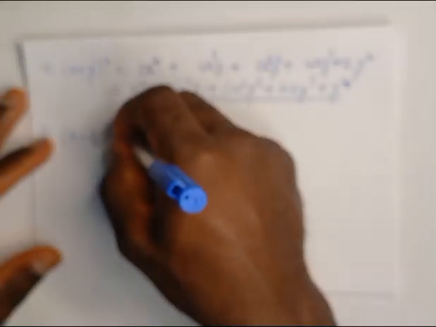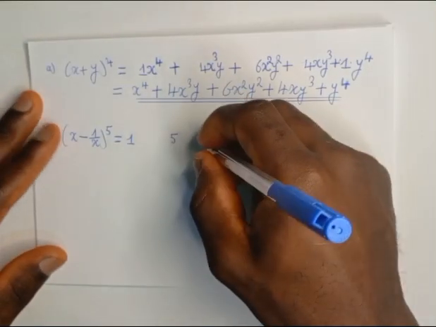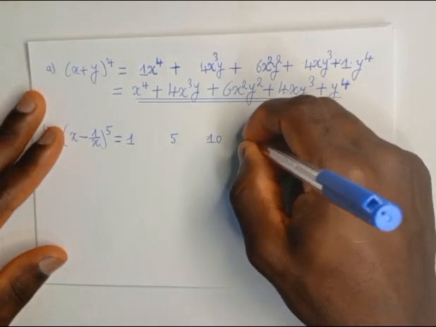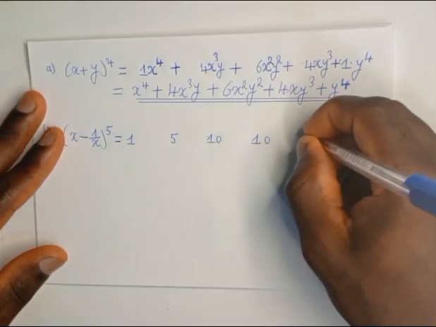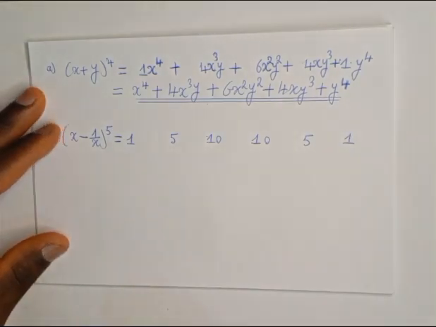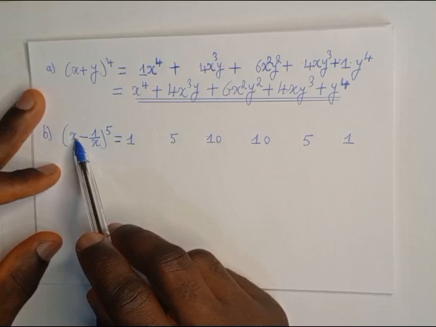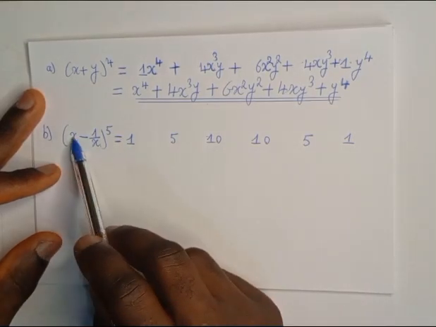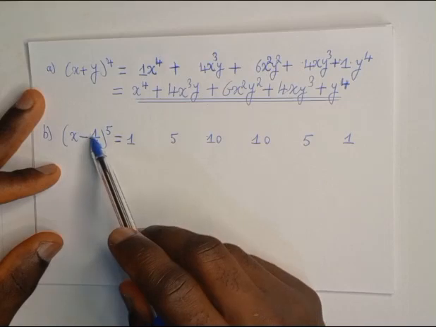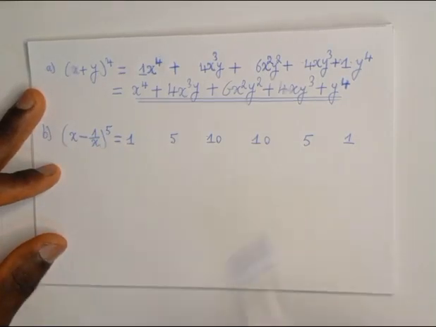Write down the coefficients. 1, 5, 10, 10, 5, 1. You must remember, as we move from the left to the right, the powers of x are reducing, while the powers of negative 1 over x are increasing.